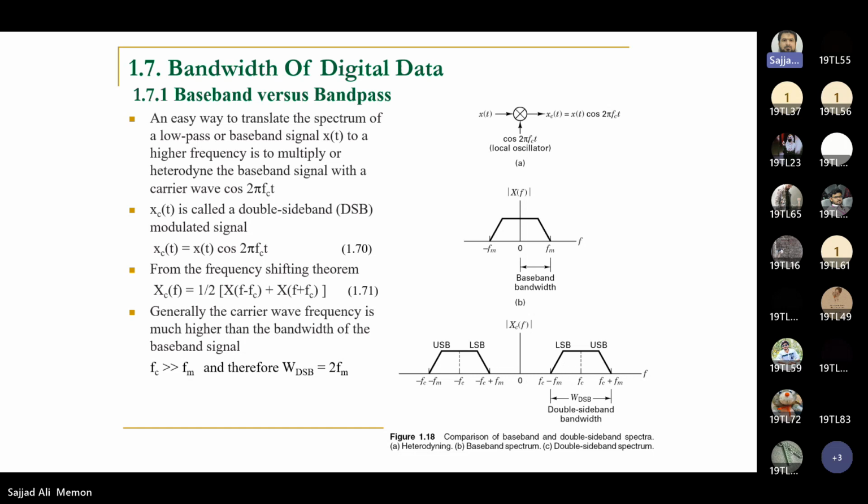So x of ct is called a double-sided modulated signal after the multiplication, and from the frequency shifting theorem, if we apply the Fourier transform, it will become this 1.71, and generally the carrier frequency is much higher than the bandwidth of the baseband signal, that is f of c is greater than f of m, and therefore double side bandwidth will be equal to twice of the frequency of the modulating signal.